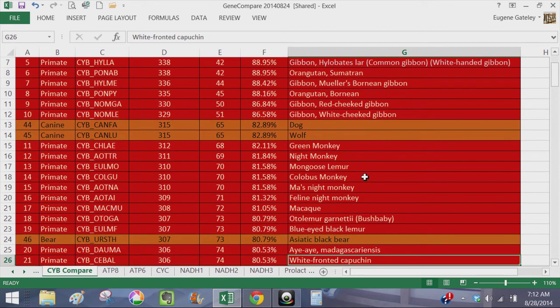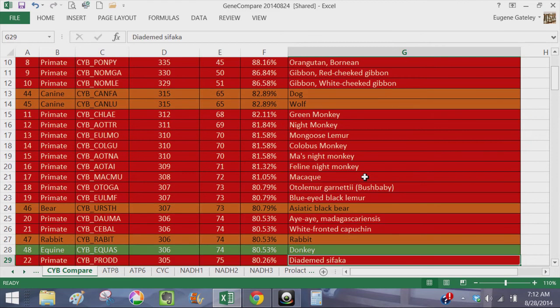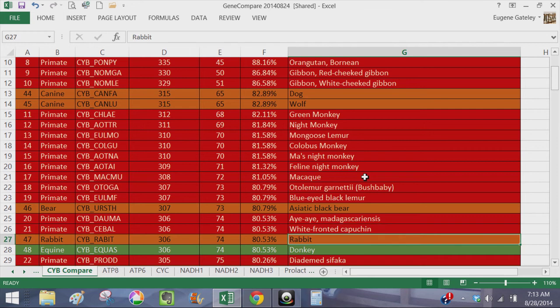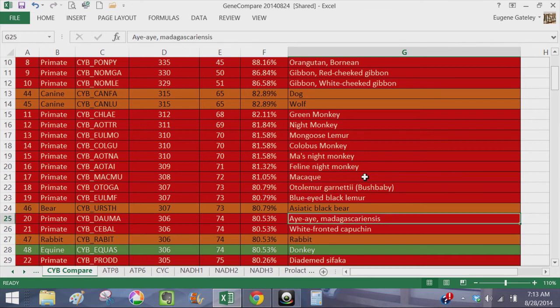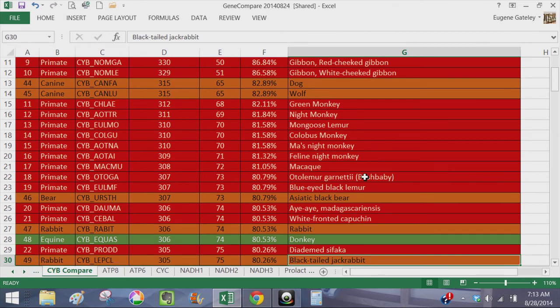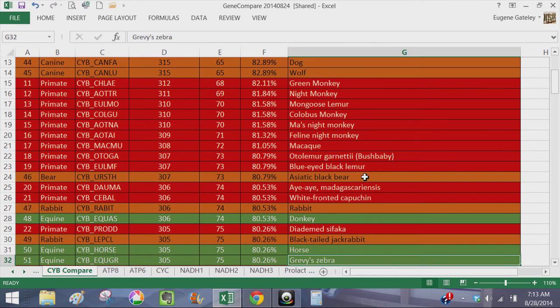And then we start running into other non-primates being more similar to human than primates further down the list. White-fronted capuchin are less similar to human than an Asiatic black bear. Rabbit is more similar to human than this sifaka, and a donkey.